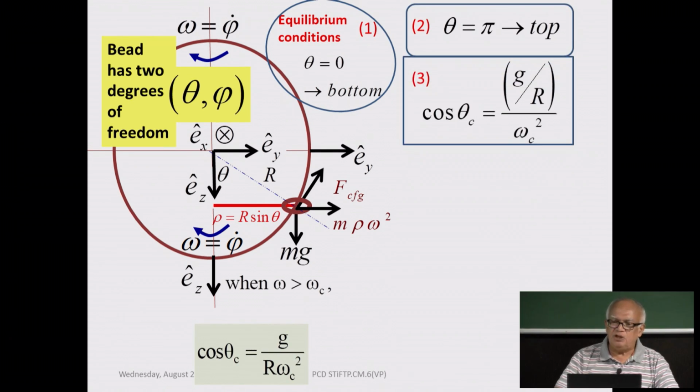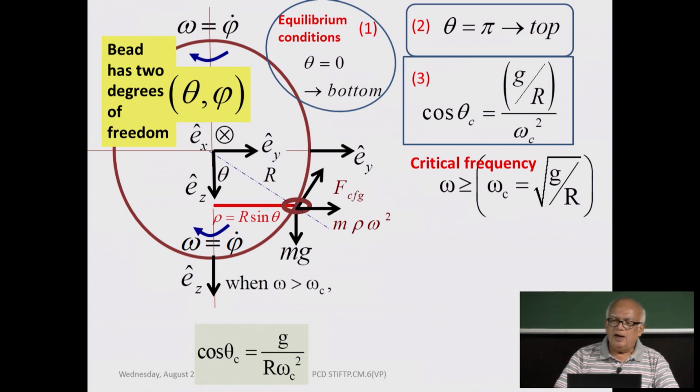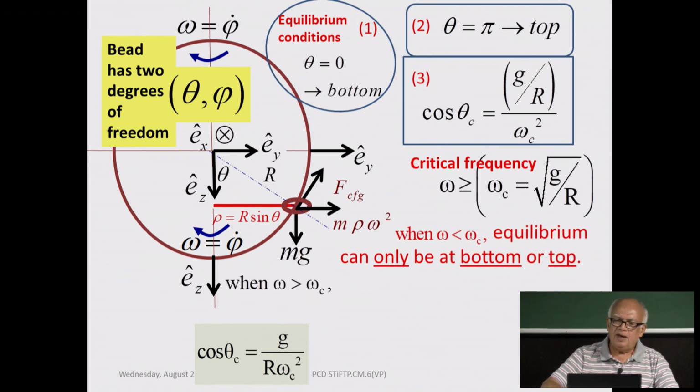So, there are these 3 positions of equilibrium, and there is a critical frequency, which is the angular frequency, essentially the speed of angular rotation of the hoop about the vertical axis, and these are the positions where the bead can be in equilibrium.